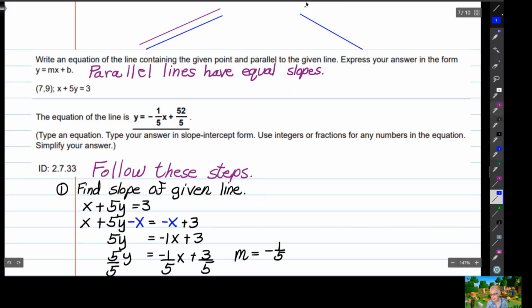I must be hitting these too fast. I'll have to slow down. Okay, or they could be like this. Or like this.